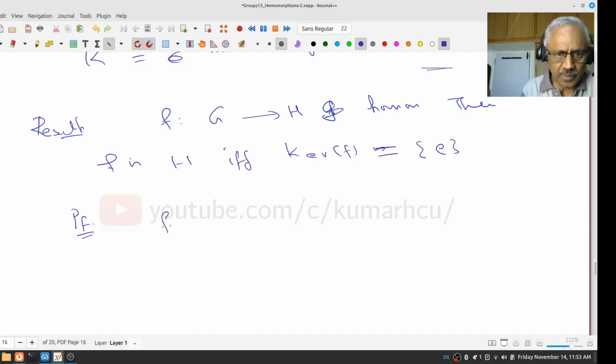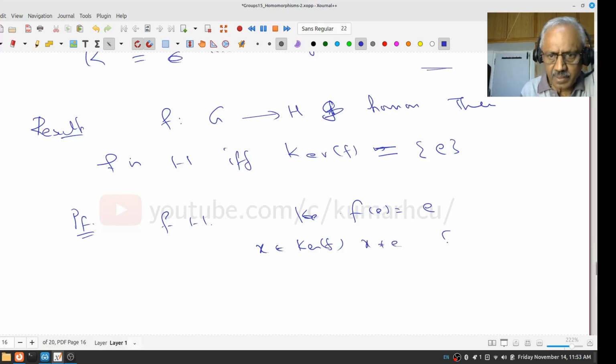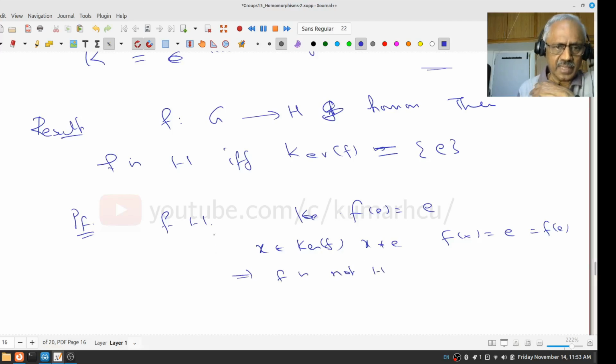Suppose f is 1-1. Then f of e is identity. Suppose there exists X in kernel of f so that X is not equal to identity, but f of X equals identity, but so is f of e. Therefore, f is not 1-1.